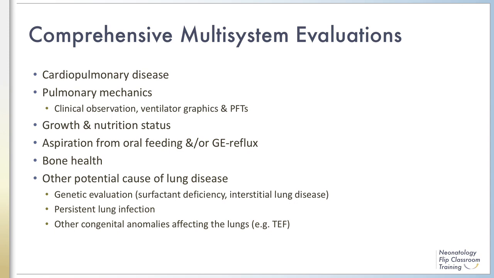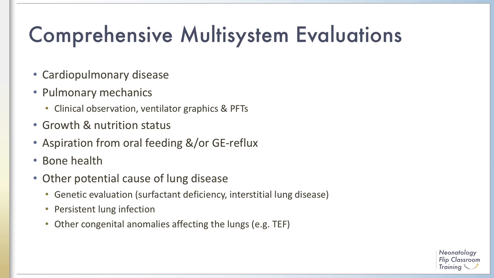In addition to the evaluation for cardiopulmonary disease, which we will discuss in more detail in the rest of this module, pulmonary mechanics needs to be carefully evaluated through clinical observation, ventilator graphic assessment, and if available, by formal pulmonary function testing.